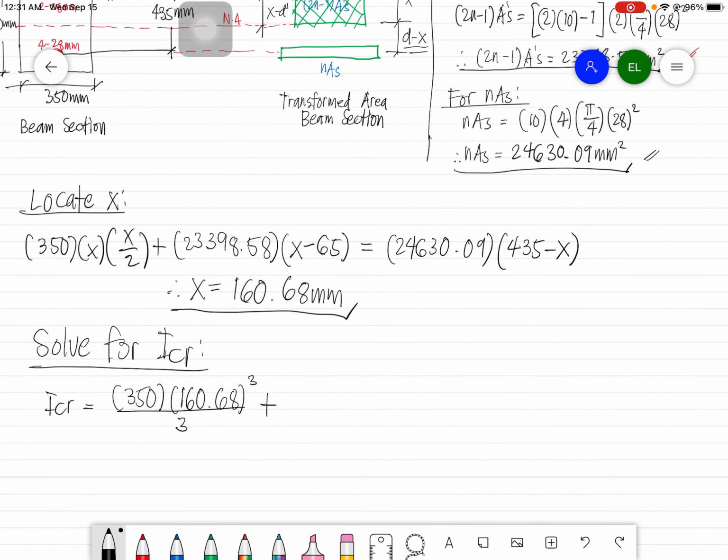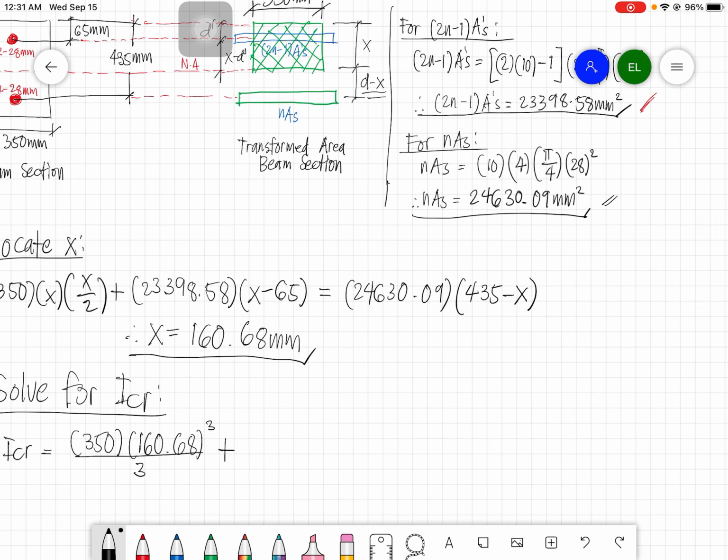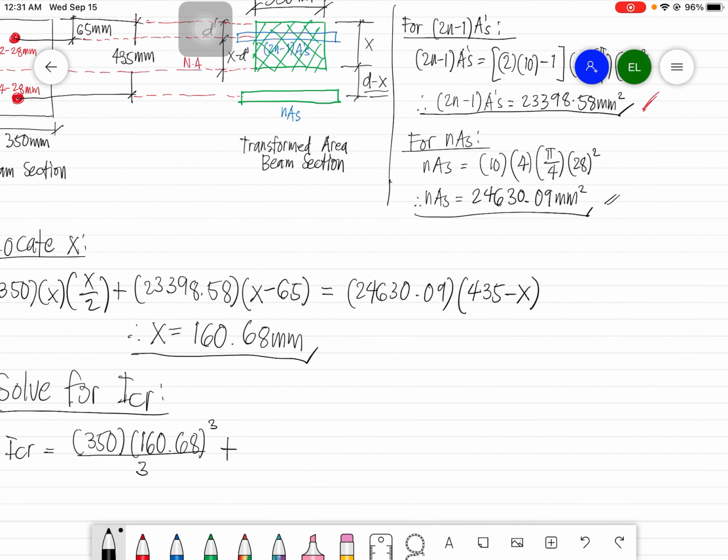Then plus for the compression bar, which is the A d squared. This is our area, that is 23,398.58. Then our d distance is x minus d prime, which is 160.68 minus 65, squared.